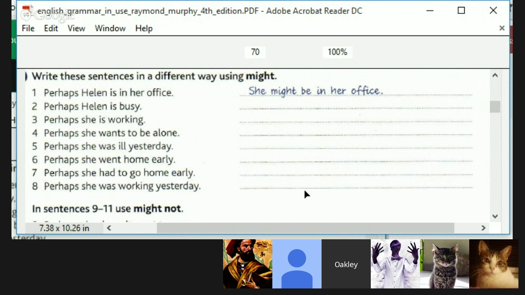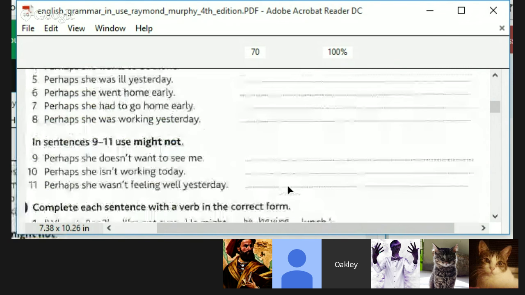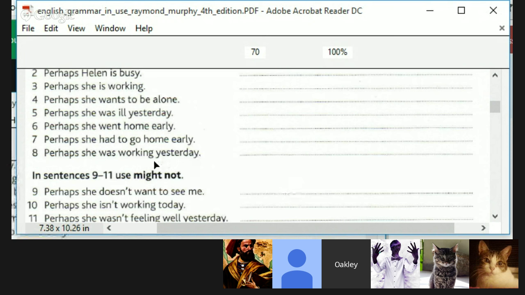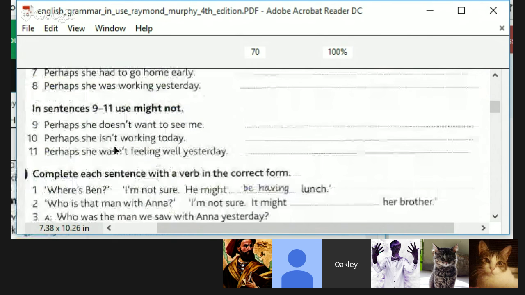It translates into using the been and working. For the same reason, working we can use as a continuous verb, so it's going to work there. All right. Okay, let's try a couple with might not.